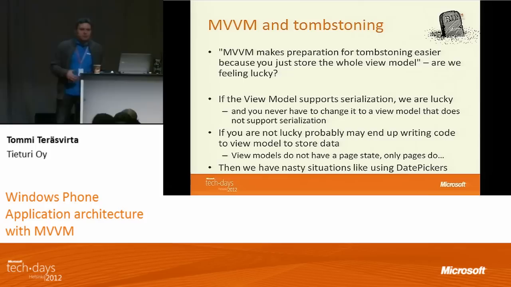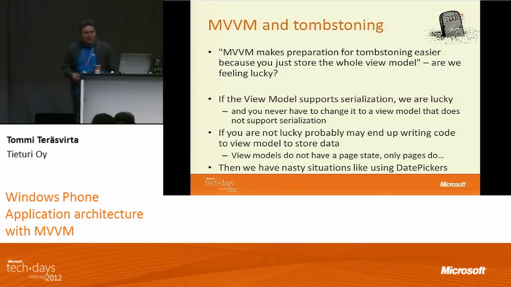So what you want to do is go into the State Dictionary and store every single piece of your UI that may get lost when going into tombstoning. If all of those pieces of data are actually stored in the view model, what do you need to do? You need to store your view model, and that's it. So a single line of code for all of your UI. In demonstrations, at least.